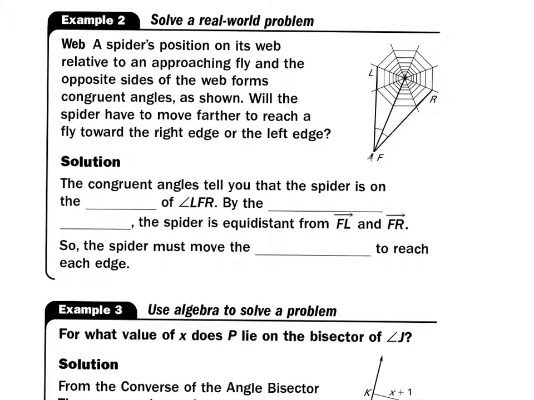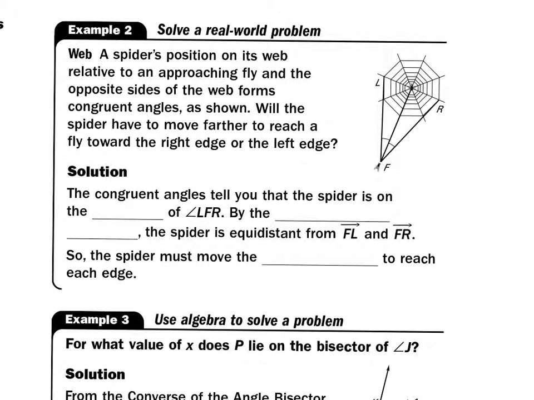Web. A spider's position on a web relative to the approaching fly and the opposite sides of the web forms congruent angles as shown. Will the spider have to move farther to reach a fly toward the right edge or the left edge? The congruent angles tell you the spider is on the bisector of angle LFR.